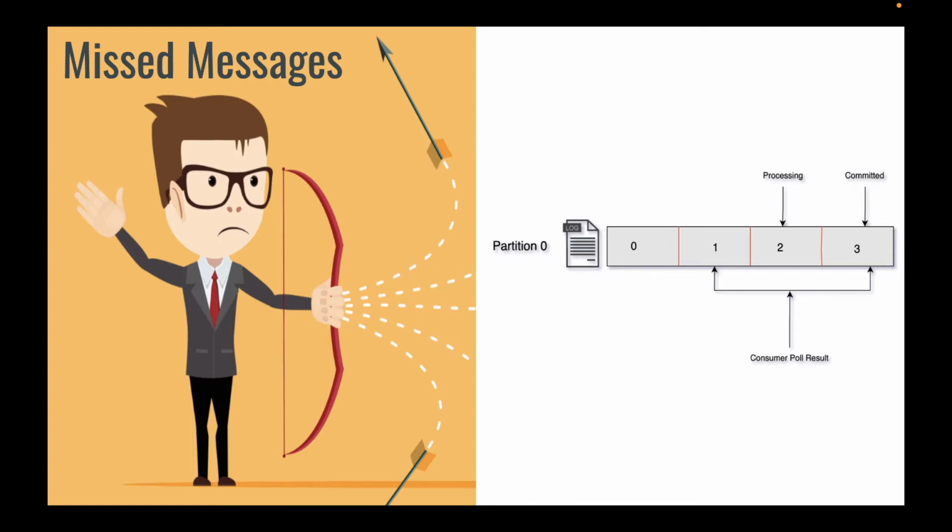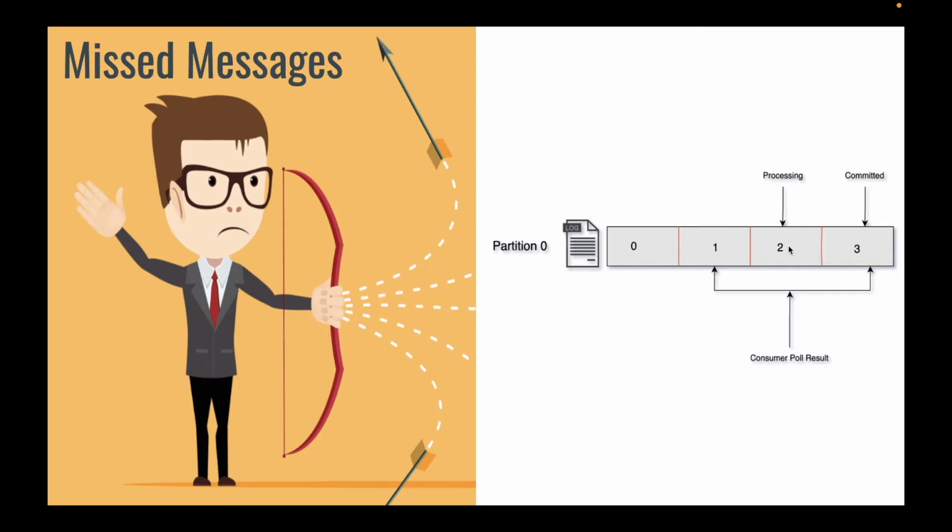Sometimes if you use automatic offset commit, let's say it's 5 milliseconds, and this processing took longer than expected. So after those 5 milliseconds, it sends the commit, and the third is committed. But the consumer behind the scenes is still processing the second offset.